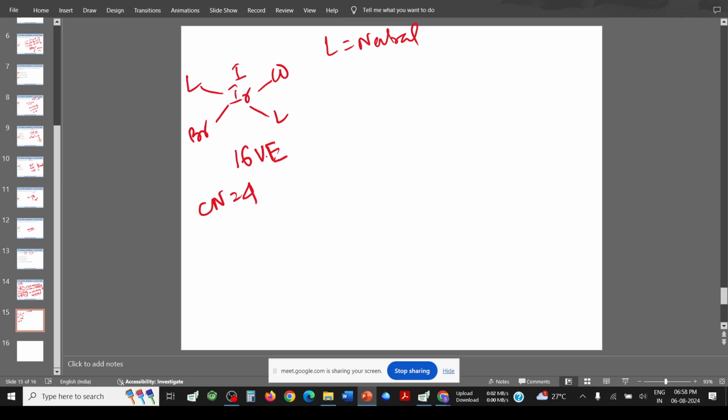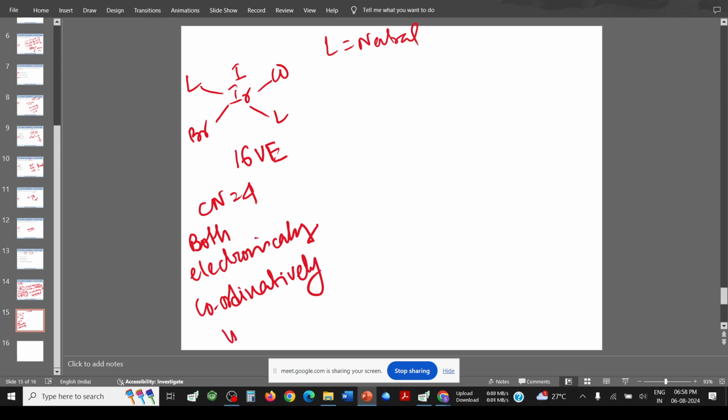That means this is less than 18 valence electron, and also less than 6 coordination. So this is both electronically and coordinatively unsaturated.